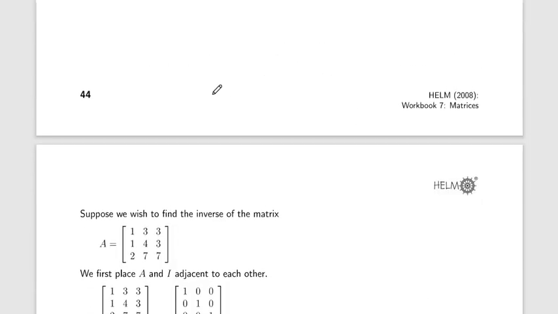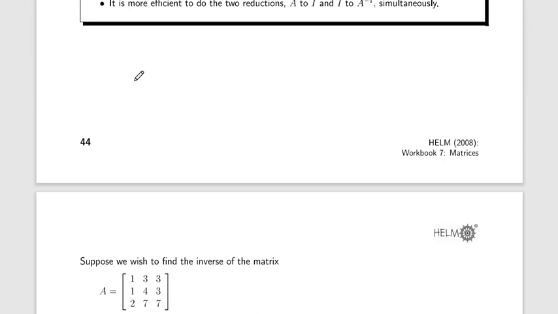So if you want to find the inverse, how do we find it? We always know that A into A inverse gives the identity matrix. Now in Gauss-Jordan elimination, we will transform matrix A into the identity matrix.